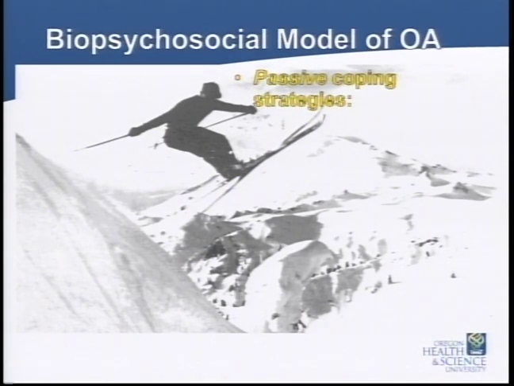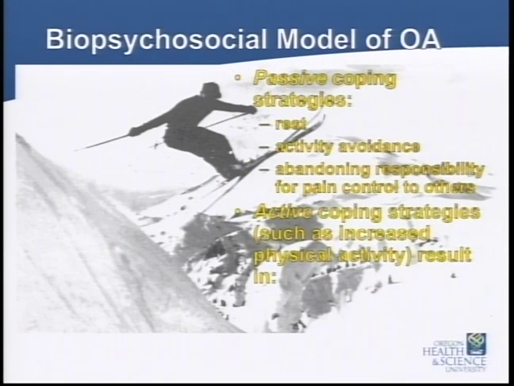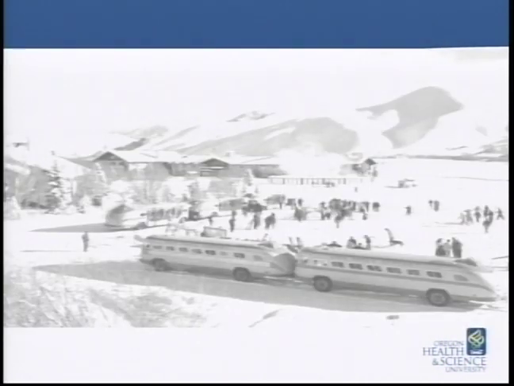We all have patients with passive coping strategies, which means that they're going to rest, avoid activity, and abandon responsibility for pain control to others. Probably a lot of you say, yep, that sounds like patients I see in clinic. Active coping strategies are associated with better pain control and less disability.